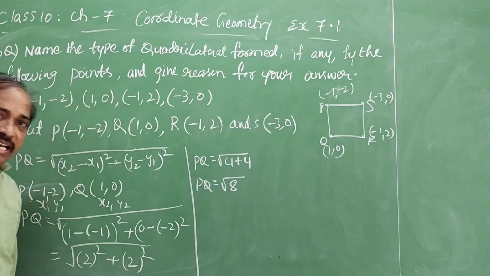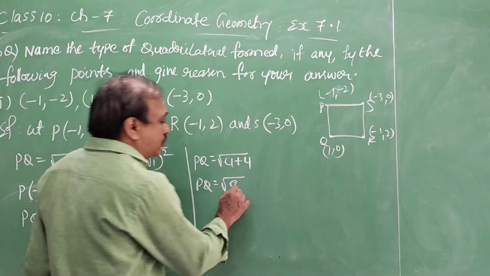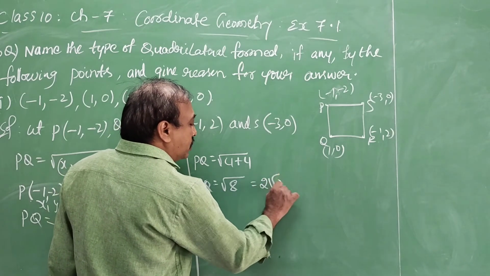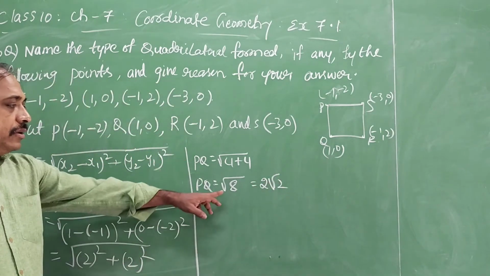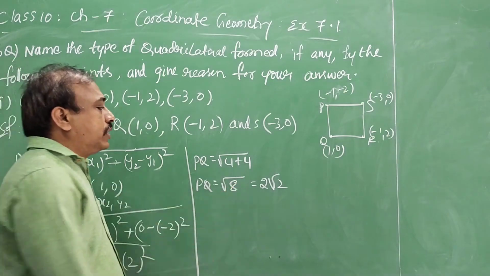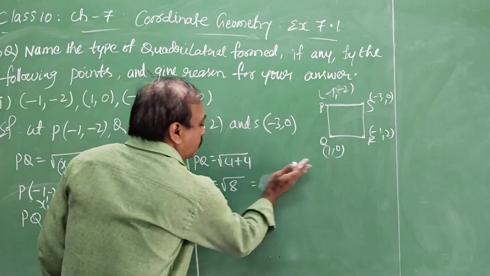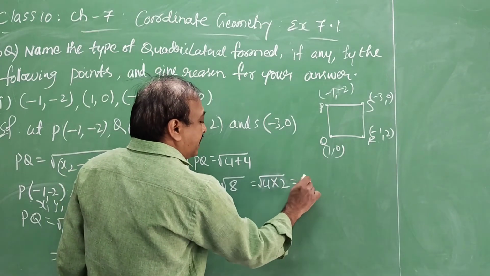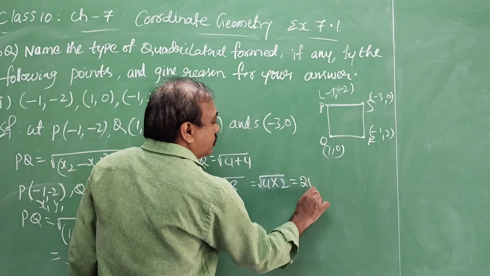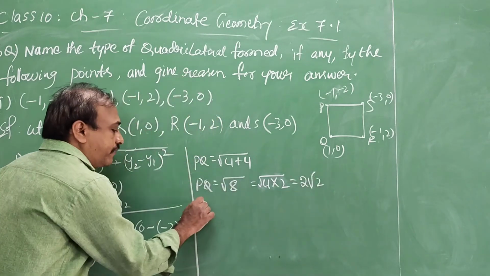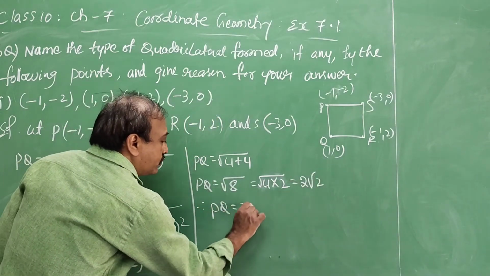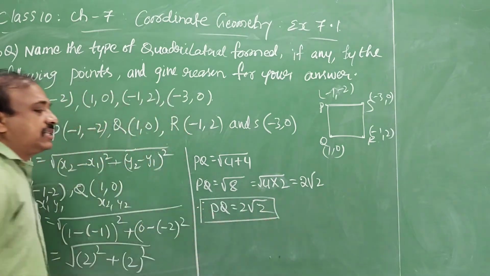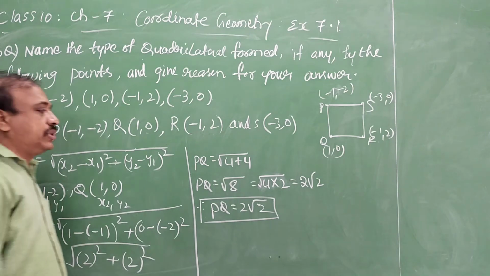So root 8 can be written as 4 into 2, and the square root of 4 is 2. So 2 root 2. Therefore PQ is equal to 2 root 2. We got one side length. This is in units.